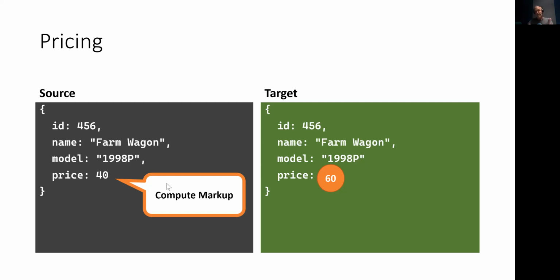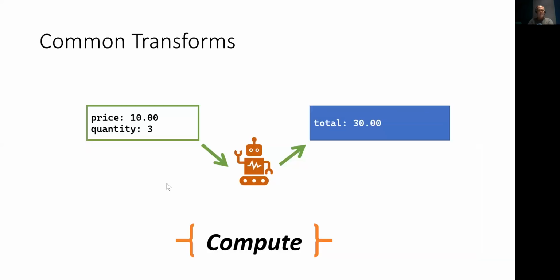Well, I could think to myself, aha, take the original one and add 50%. Or it could be a fixed markup that my ETL process will just add 20 bucks on every product or something like that. Either way I look at it, it's some kind of a computation.